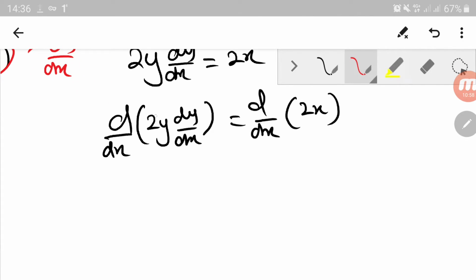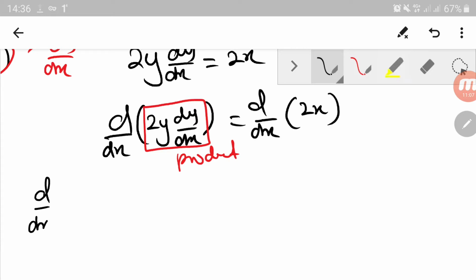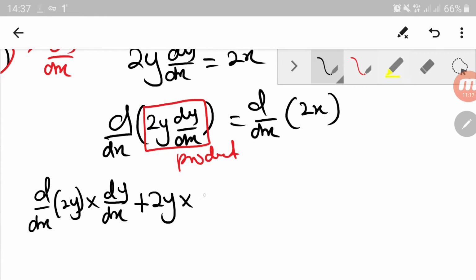But this one is way easier because we are using the product rule. Product rule is easy. We differentiate the first one, multiply the second one, and then plus the first one just copied, times the differentiation of the second one. As you can see over here, no quotient rule is involved.